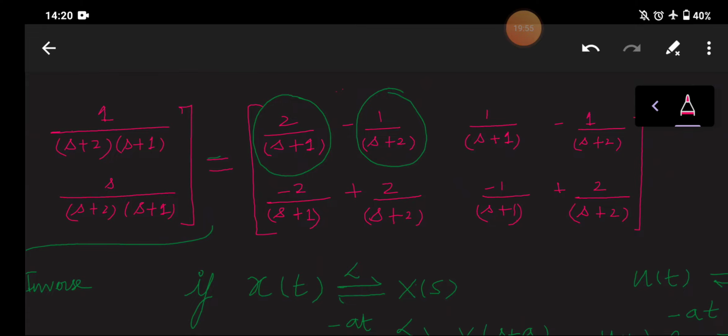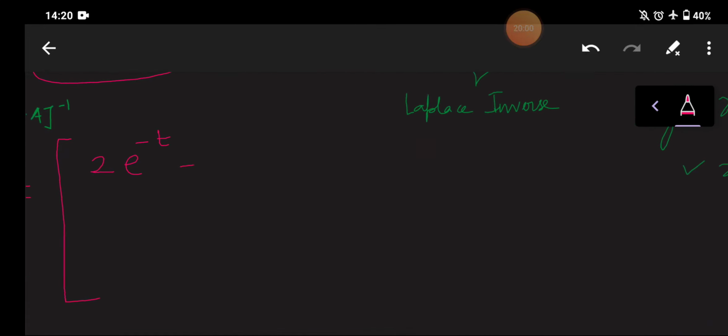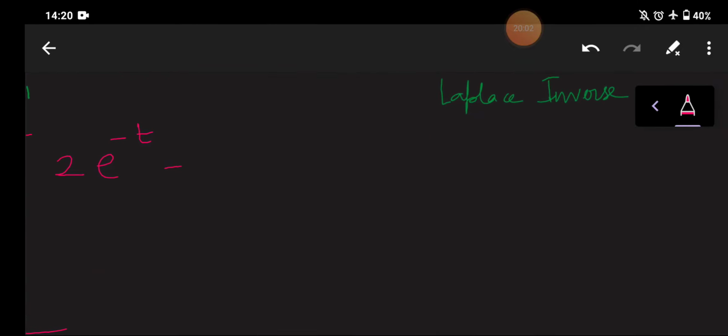Okay, for the next term, that is minus 1 divided by s plus 2. Here a is 2, so I can write e to the power minus 2t.